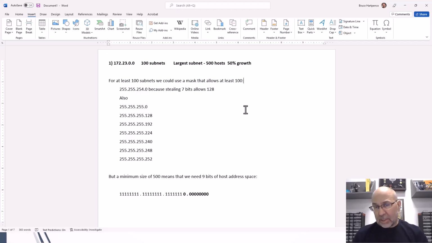So if we're just starting with a Class B, then we go, okay, cool. I need 100 subnets, so I need at least 7 bits. And for 500 hosts, I need at least 9. 7 plus 9, I'm at 16. That sounds pretty good, except we've got to account for that growth.